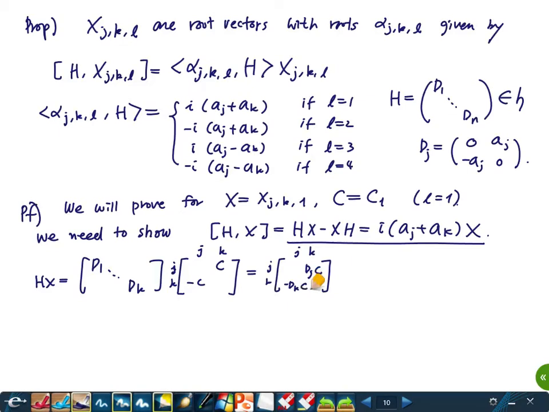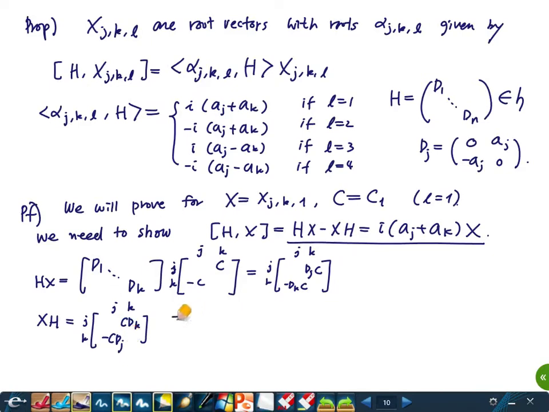It's like that. Can you read that? And similarly, xh is going to be jk. If you compute them all, it's going to be cdk minus cdj.